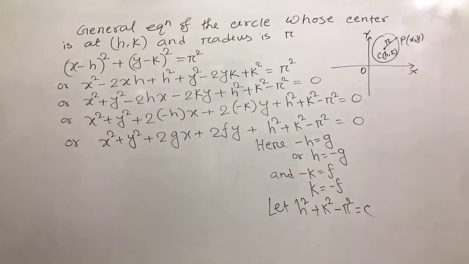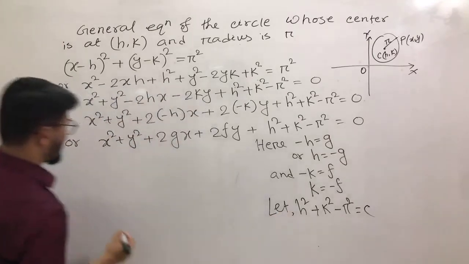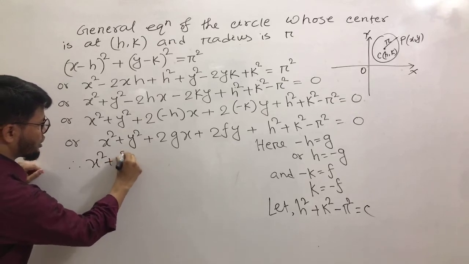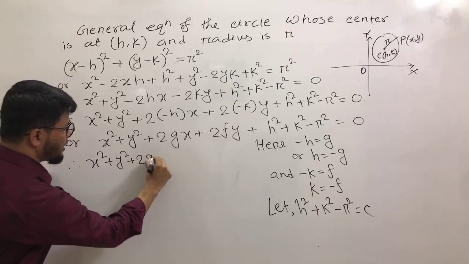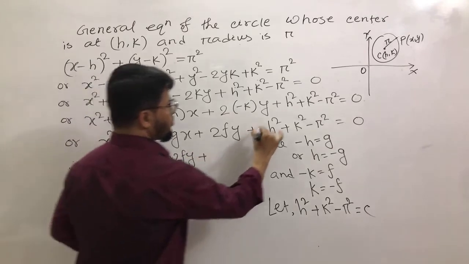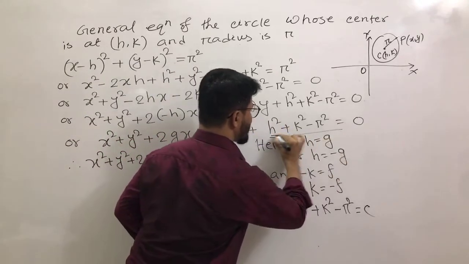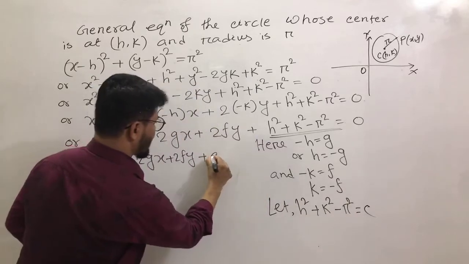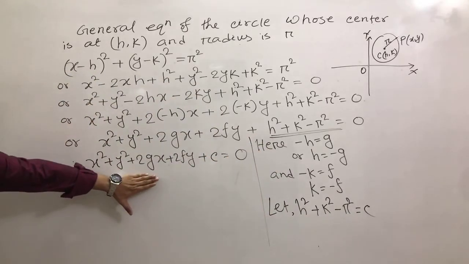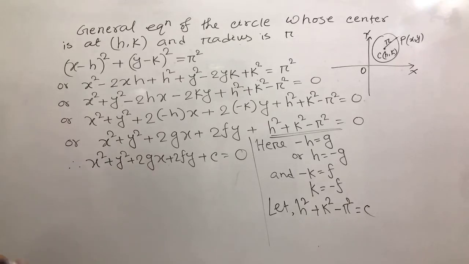So what will be the new form? This is now x square plus y square plus 2gx plus 2fy plus c equals 0, considering this one as c. This is another form of the equation of a circle.